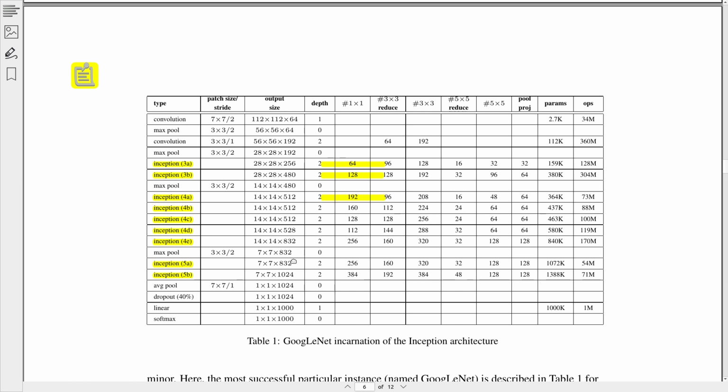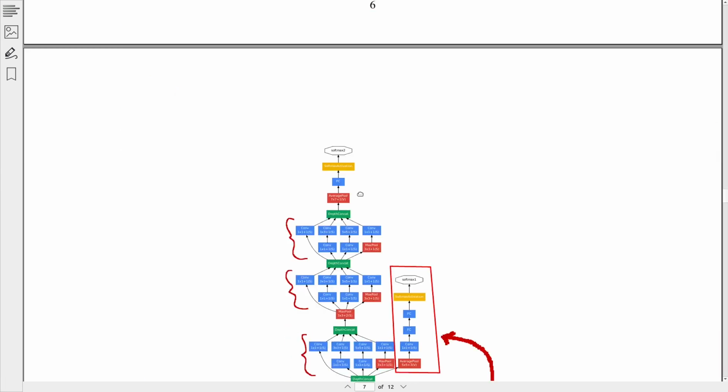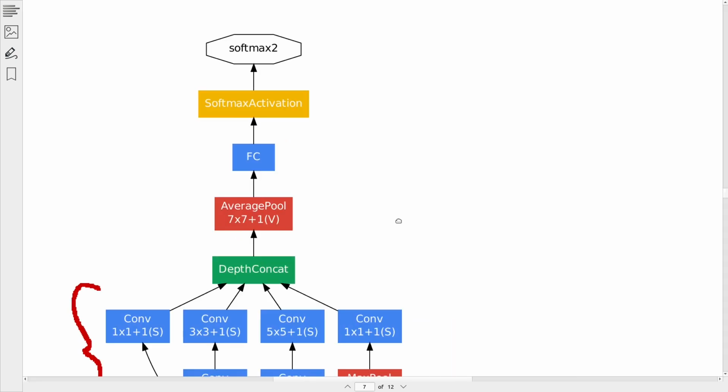So another interesting addition to the architecture is to change the second last fully connected layer. Let's look at the diagram. Second last fully connected layer is replaced with an average pooling layer. This layer spatially averages the feature map, converting 7 by 7 into 1024 input to 1 by 1 into 1024.